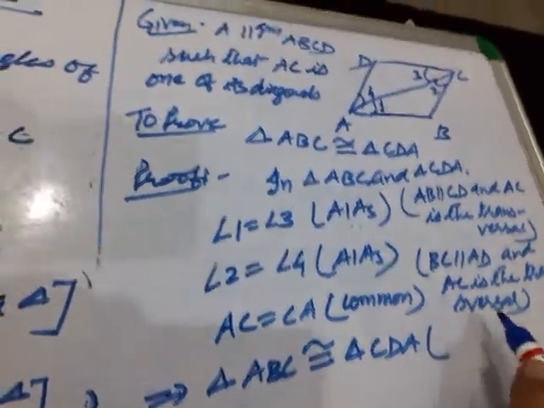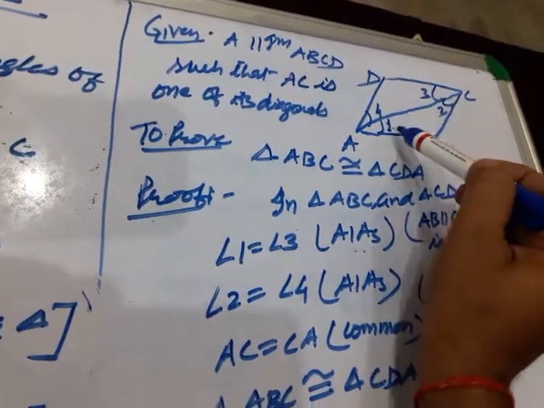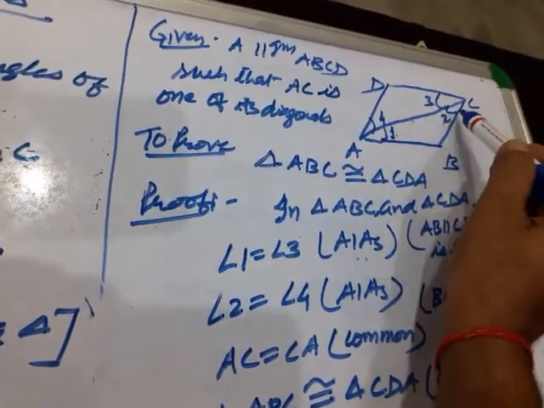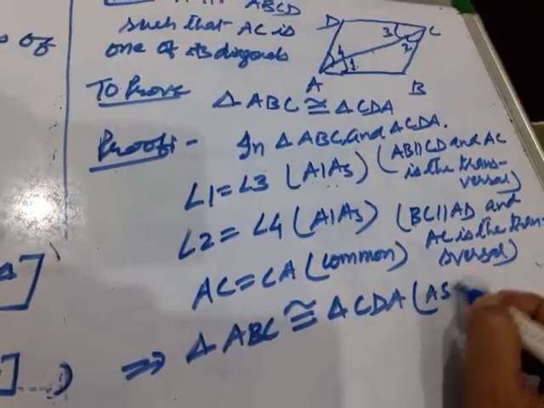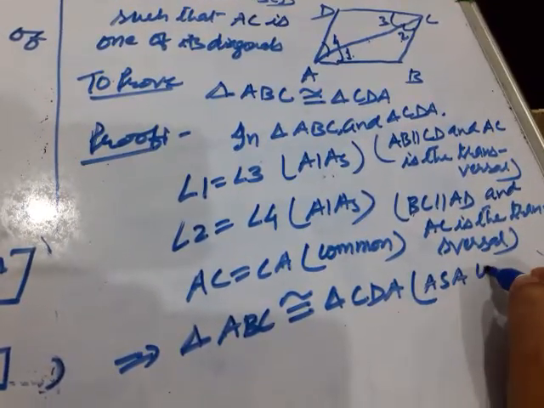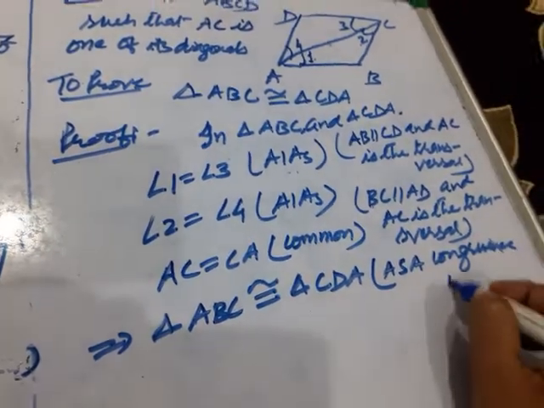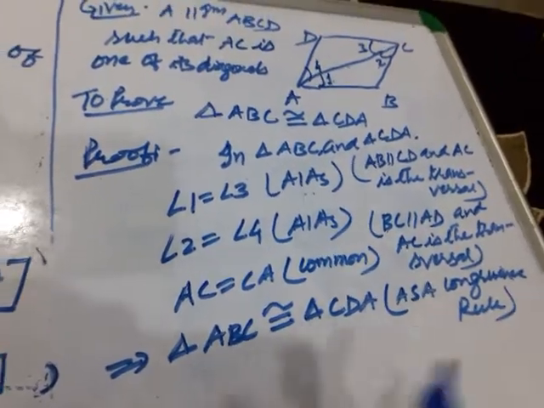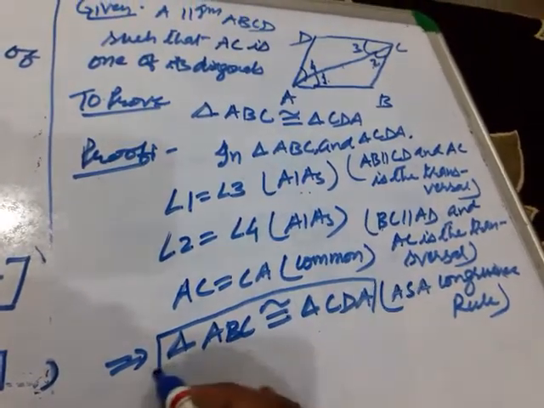By which rule? Angle side angle, that is ASA. By the ASA congruence rule, triangle ABC is congruent to triangle CDA.